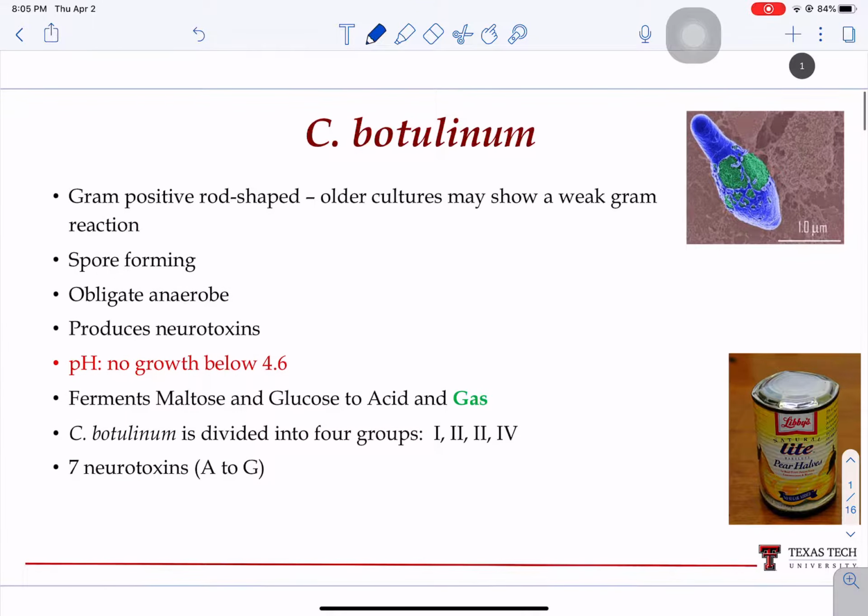Clostridium botulinum is a gram-positive microorganism, similar to the other two spore-forming microorganisms that we have studied. Spore-forming, we mentioned that. Now, different from Clostridium perfringens, botulinum is an obligate anaerobe, so keep this in mind. Some differences between C. perfringens and C. botulinum.